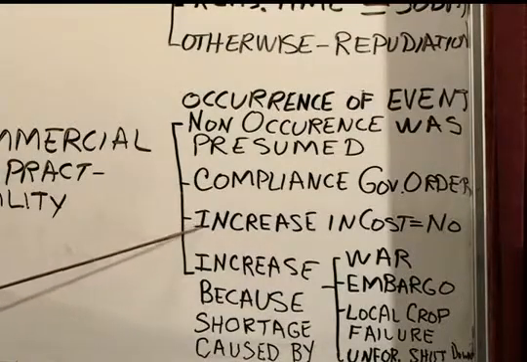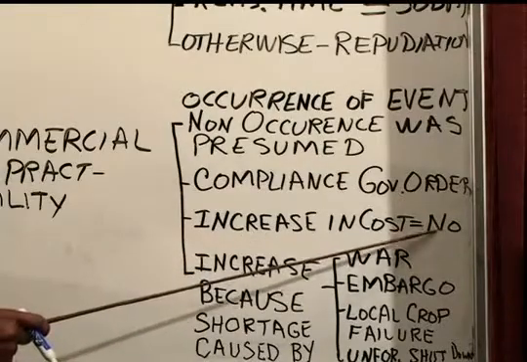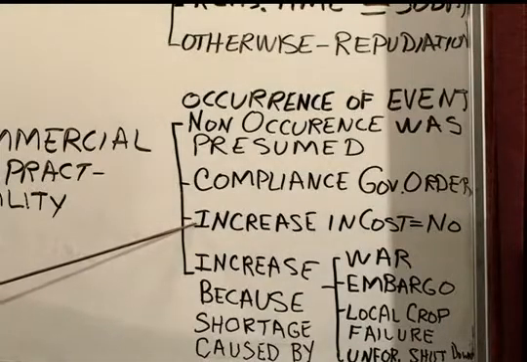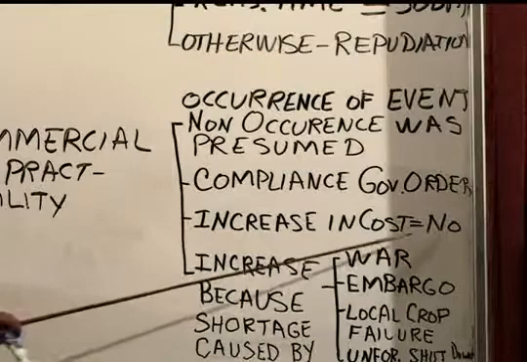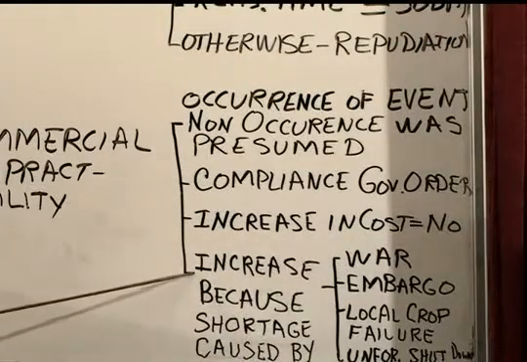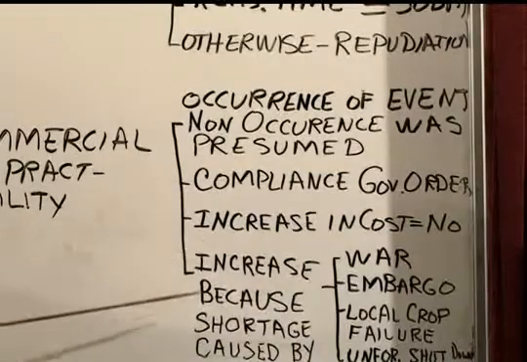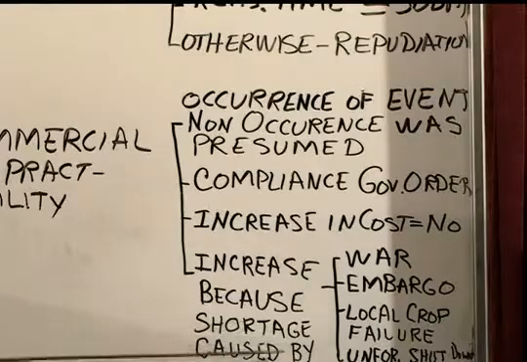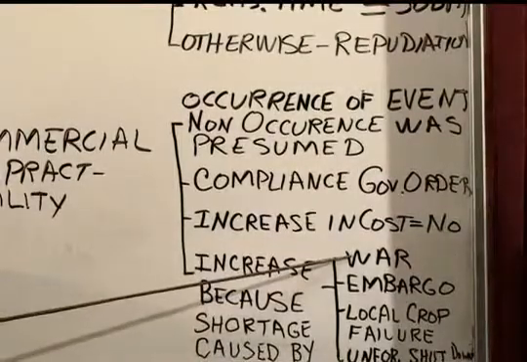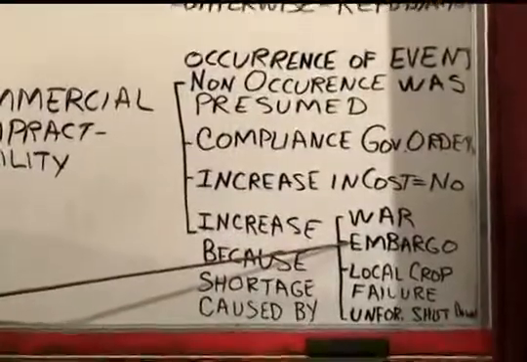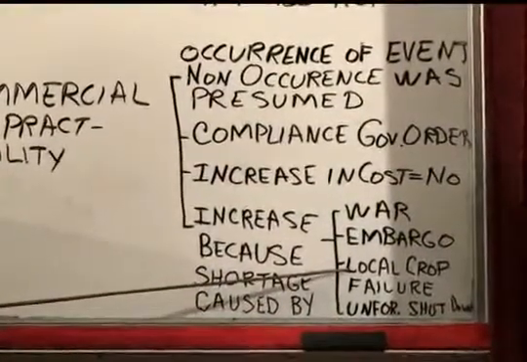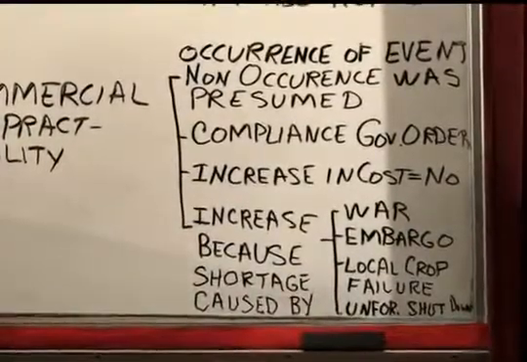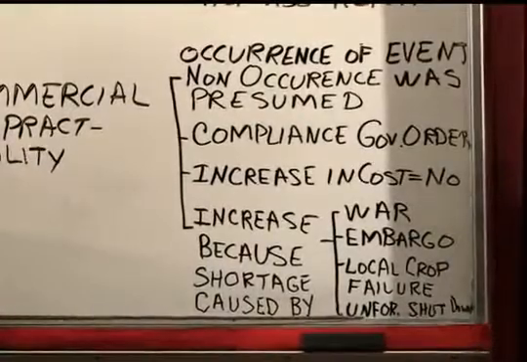2-615 points out that a simple increase in cost is not what we're talking about, because that's the risk that you take when you contract with people. We're not talking about ordinary increases in cost, but we are talking about those cases where there may be an increase in cost because of a shortage of supply caused by such things as war, an embargo, local crop failure, an unforeseeable shutdown of a plant or something.